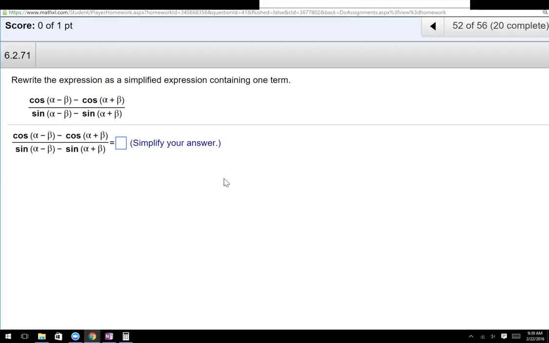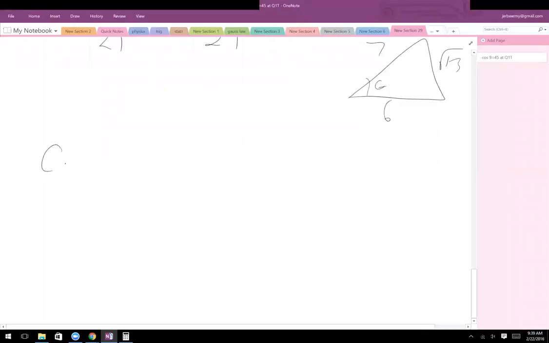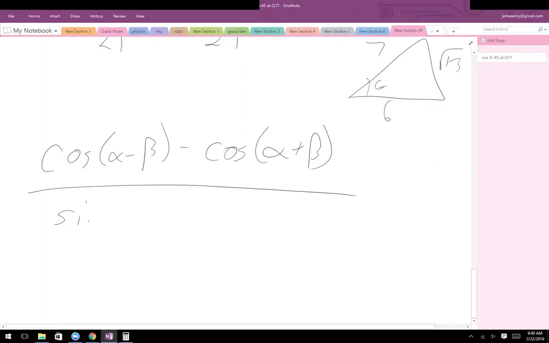All right. So cosine of alpha minus beta, cosine alpha. If we used identities lower on the page, we could do this a lot faster, but the point is they're trying to show you where the identities lower on the page come from.